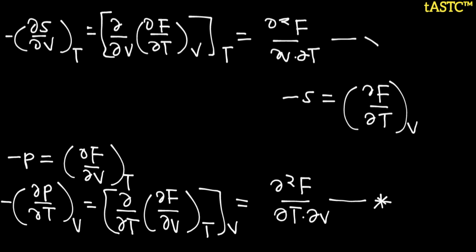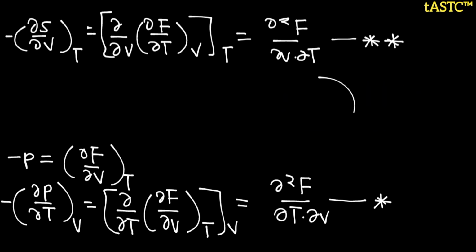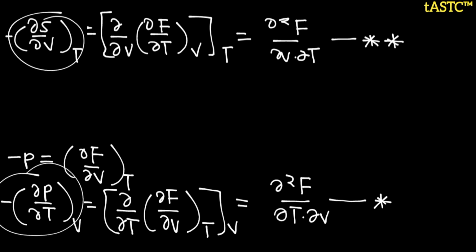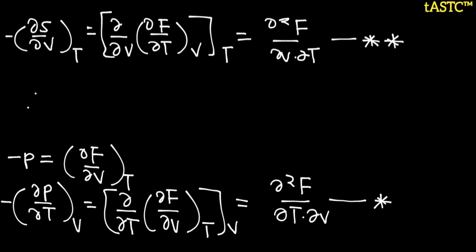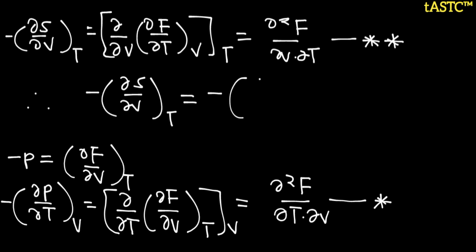And here we're going to call this equation star star. Now, as you can see, we have these two to be equal. So that is going to make this and this the same thing. So we have that negative partial S partial V with respect to T is equal to negative partial p partial T with respect to V.